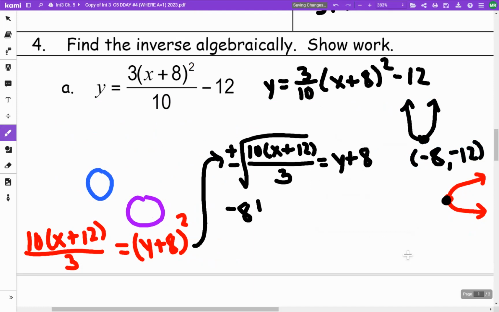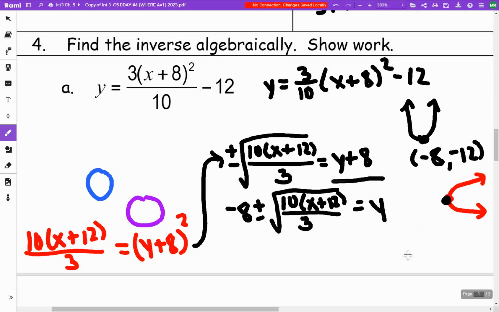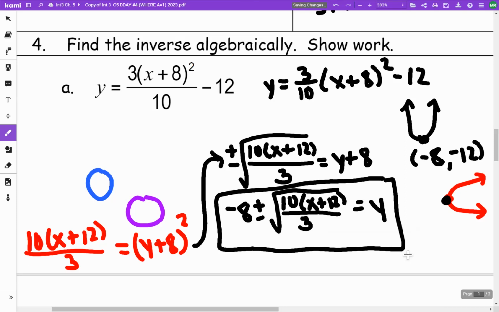I'm going to put the negative 8 in front just so I don't lose it underneath my square root. And again, that whole fraction, not just the top, has to be literally underneath that square root. And that's our answer. If you don't give me that plus and minus, you would only be getting part of the parabola, the upper part of the sideways parabola. You would not be giving me the bottom part.